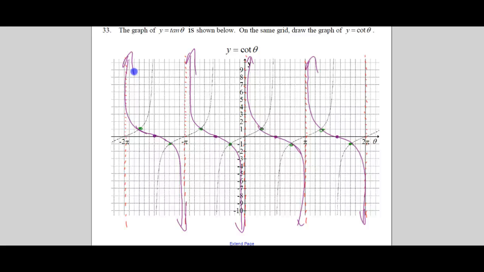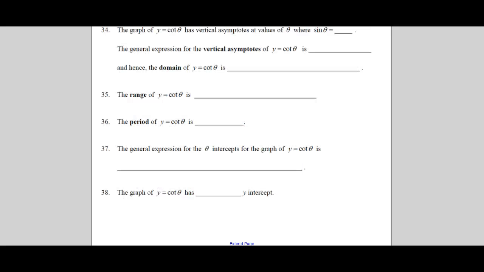So again, on tangent, secant, cosecant, and cotangent, we're not going to do a whole bunch with transformations, maybe one thing. Cotan has vertical asymptotes at values of theta where sine theta is equal to 0. The general expression for the vertical asymptotes of cotan theta, where sine theta is 0, is n pi.